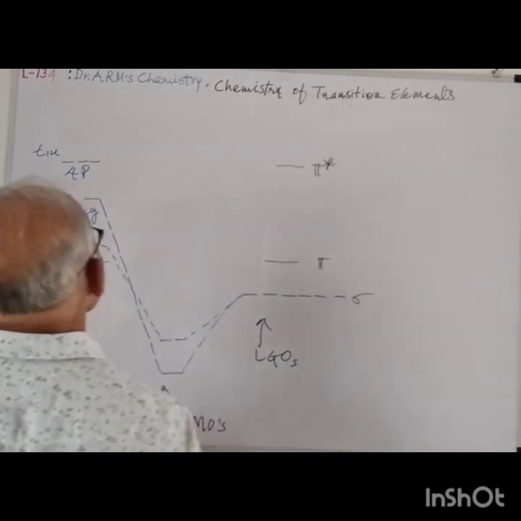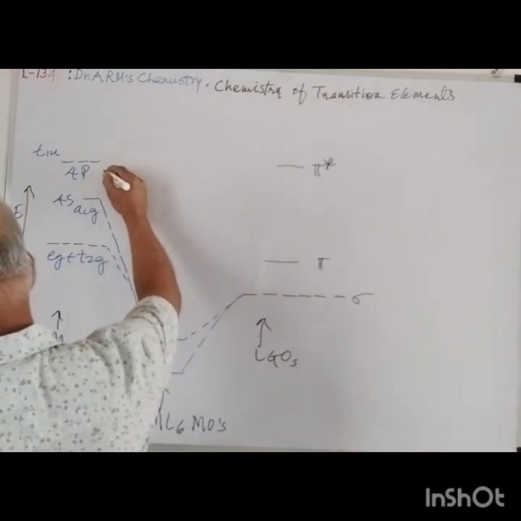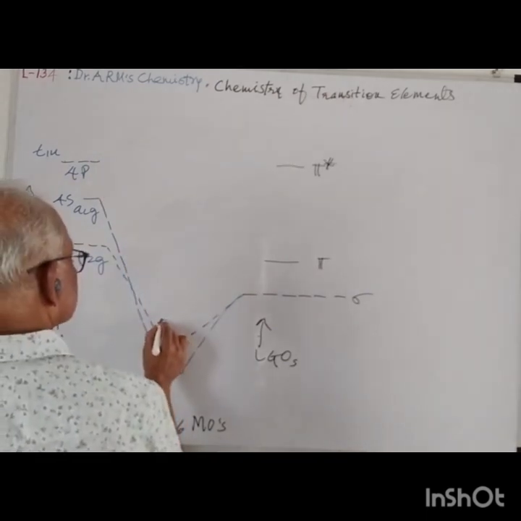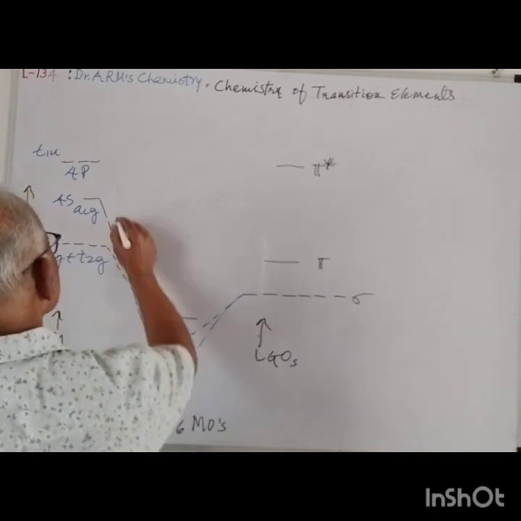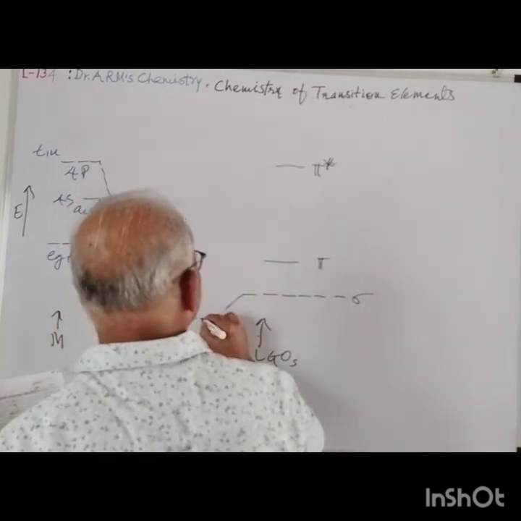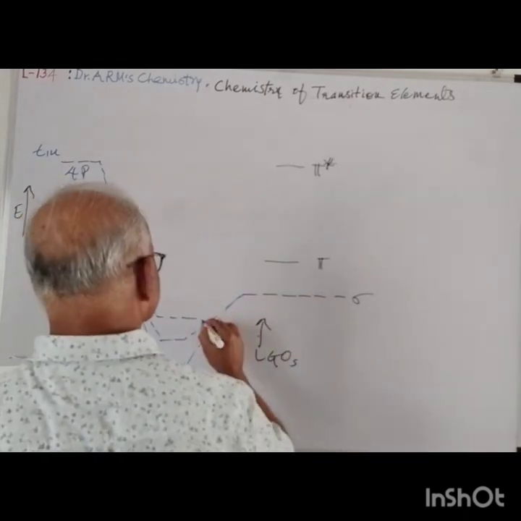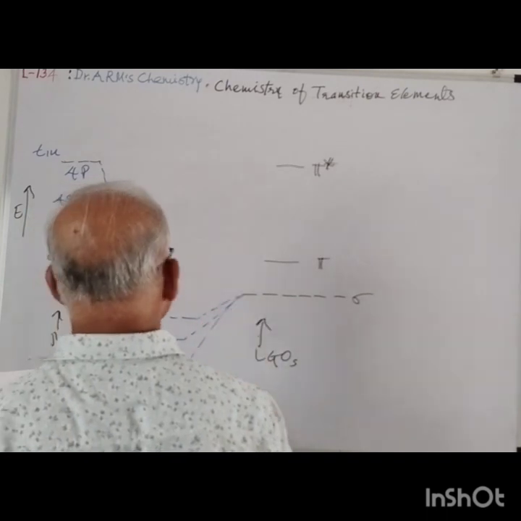Then the 4p will produce T1u symmetry orbitals from this Eg.